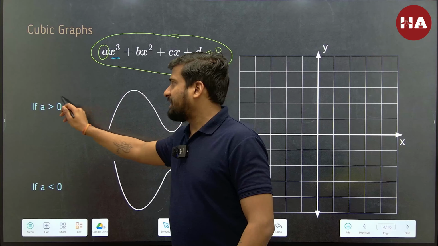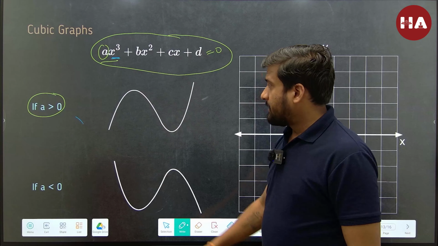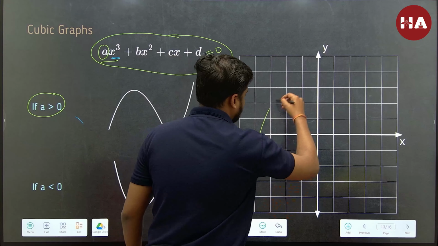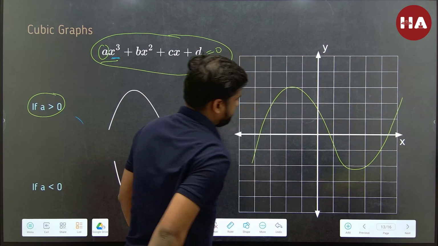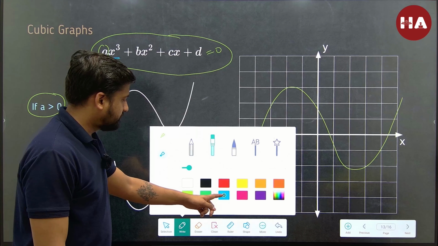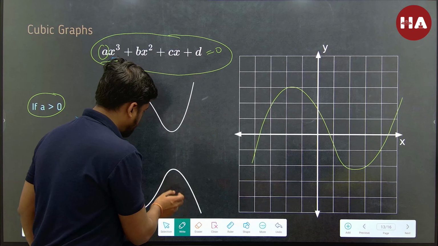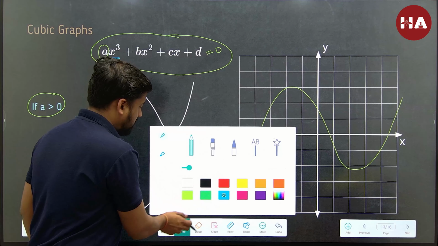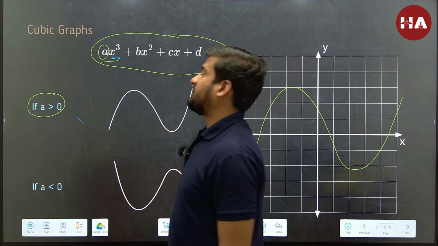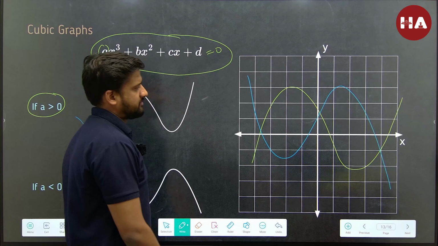Now, when a is greater than 0, meaning this x cube term is positive, you get a graph something like this. So if I draw this graph here, you should get something like this. And when we're talking about a less than 0, my graph should be something like this.